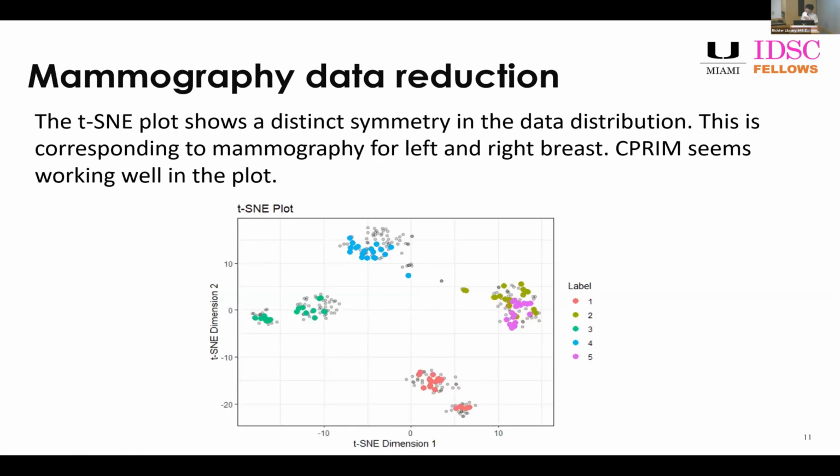Keep that in mind. The next thing we want to show is that these processes can be applied within some sub data points as well.